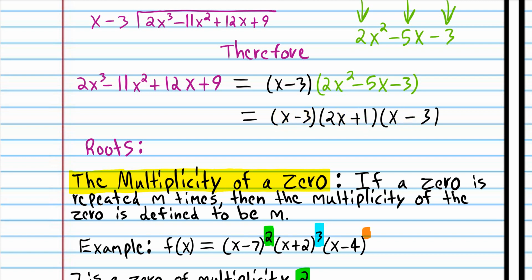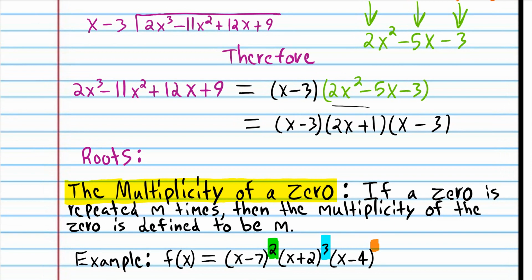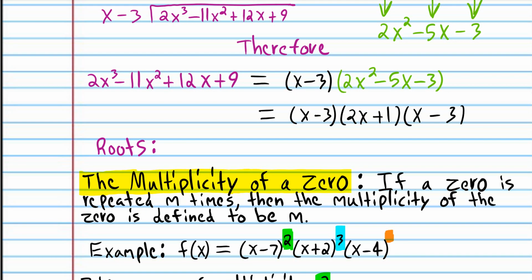So now we can see the numbers that you can plug in to make the polynomial equal to 0. You can plug in 3. So x equals 3, or x equals -1/2, or x equals 3 again.